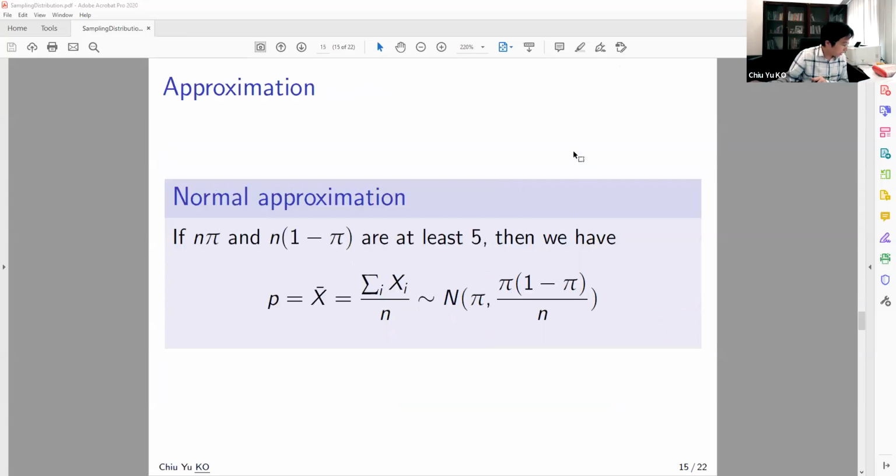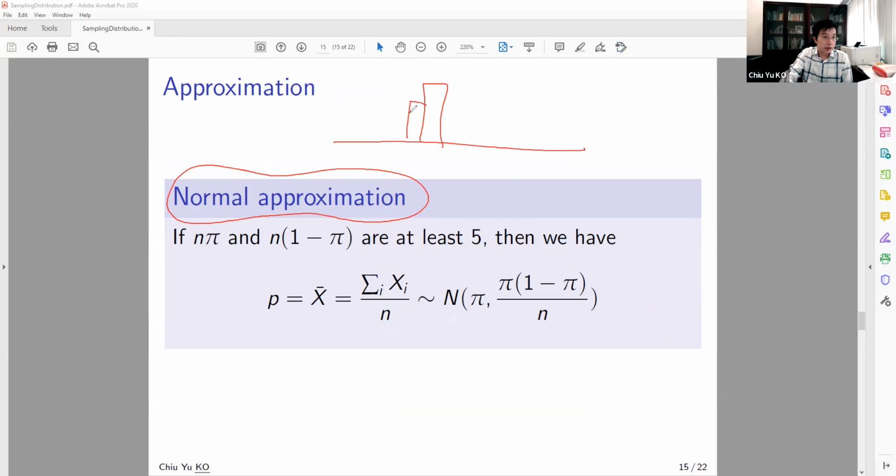So the next slide is trying to tell you about something we often use, called the binomial approximation. Remember, when you have a binomial, it is somewhat bell-shaped.